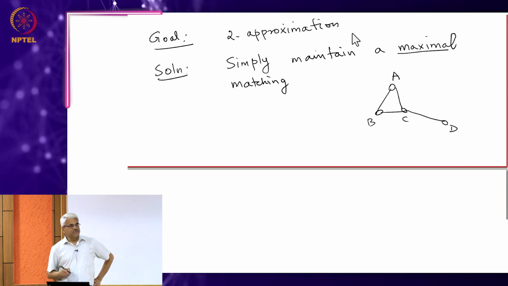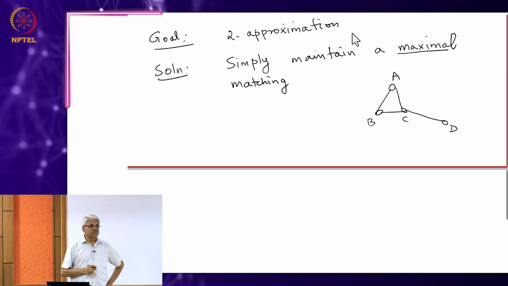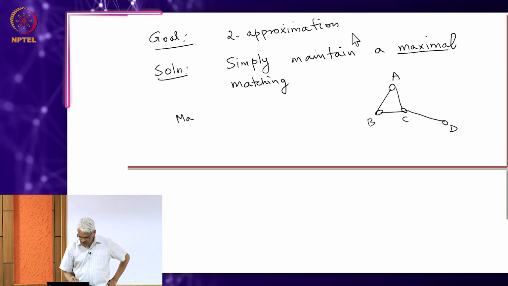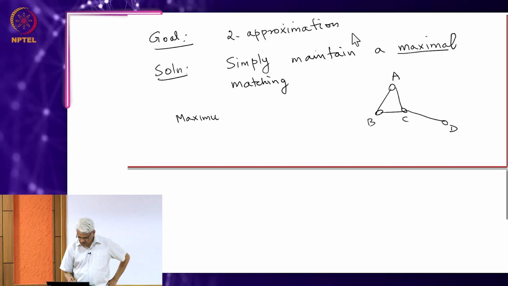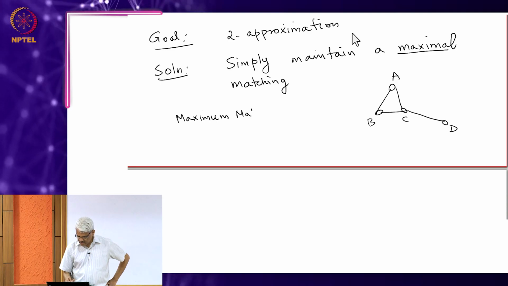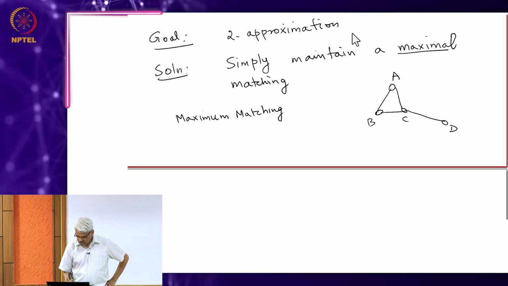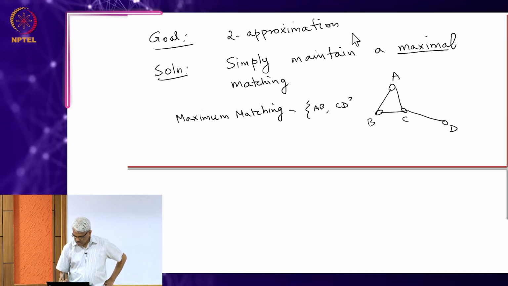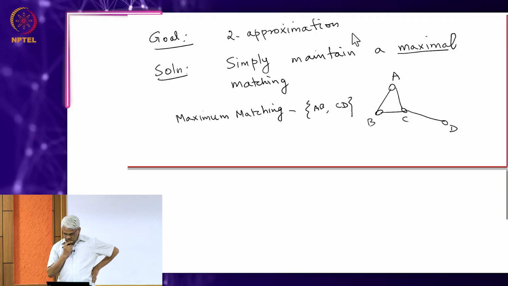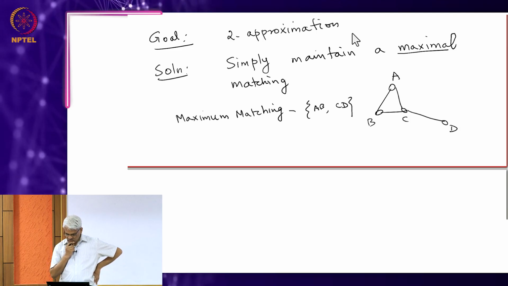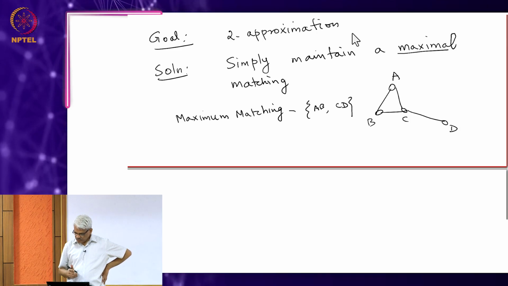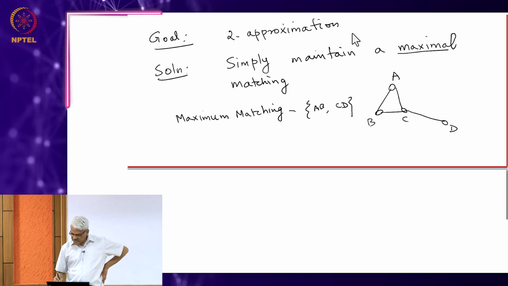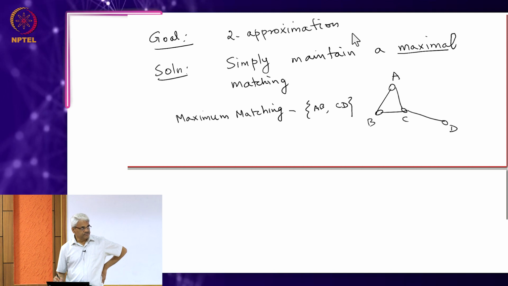So what is the maximum matching in this graph? A, B and C, D, right? So maximum matching is of size 2, but suppose I picked up the edge BC in the matching.